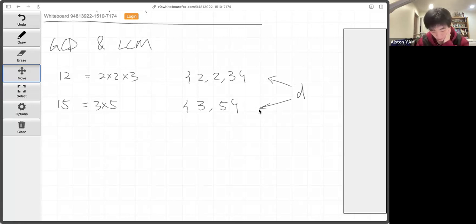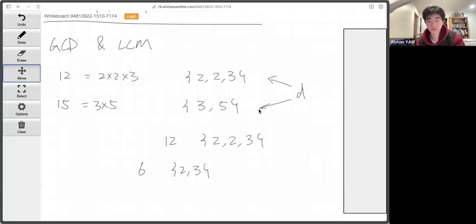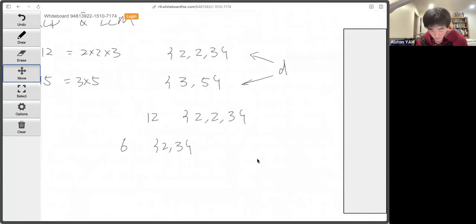Let's see. If 12 is 2, 2, 3, and we consider a number with set 2 and 3, that is 6, because 2 times 3 is 6. So this set 2, 3 represents 6. We see that this set 2, 3 is exactly a subset of 12, right? And that is how we do division or factoring in this notation.